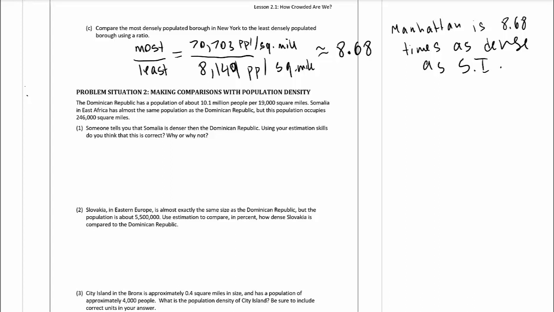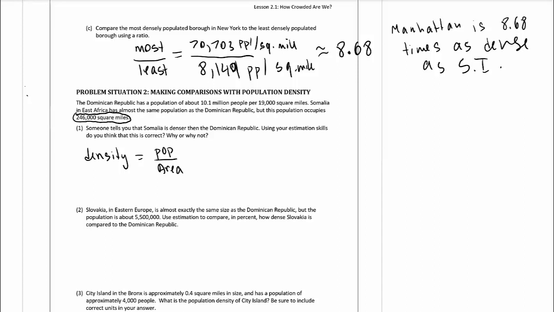All right, so let's review. Now looking at Somalia, they have the same population. How do we define density? It's the population divided by the area, how much space they occupy, right? So they have about the same population, but Somalia is so much bigger in terms of its space.